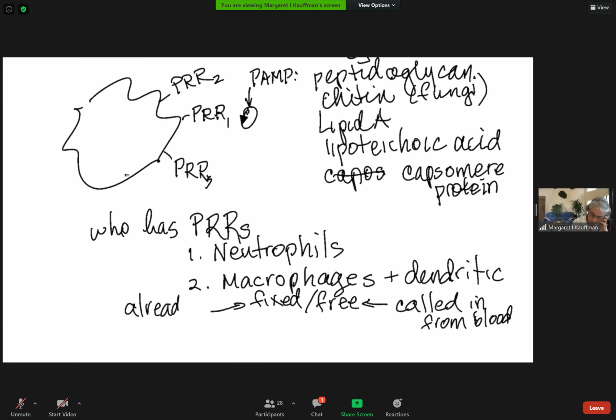Now there is one other cell, and it's already there as well. What cell is already there that I mentioned just a minute ago? Was it the dendritic cell? No, that's not on here already. It starts with an M. Mast.